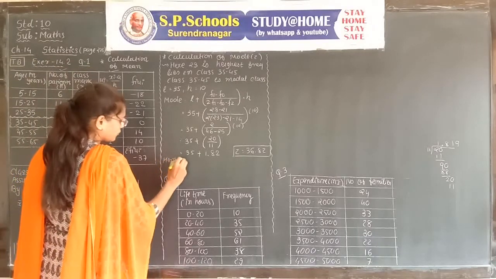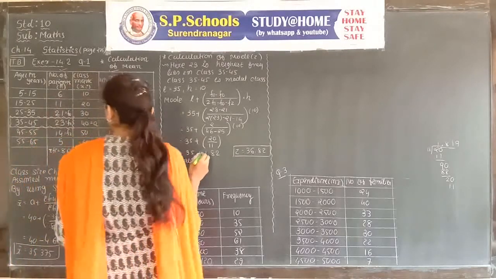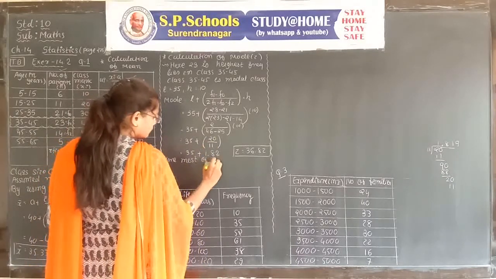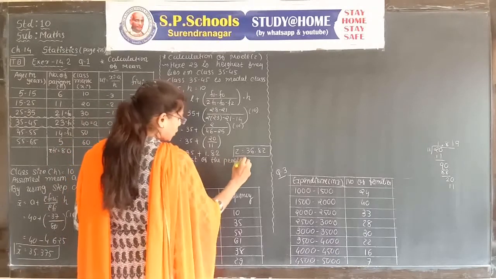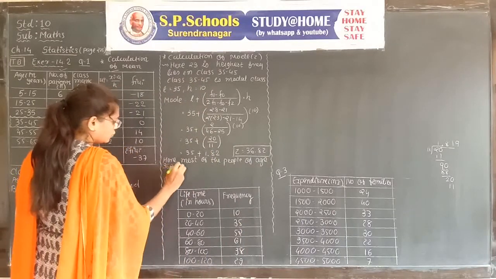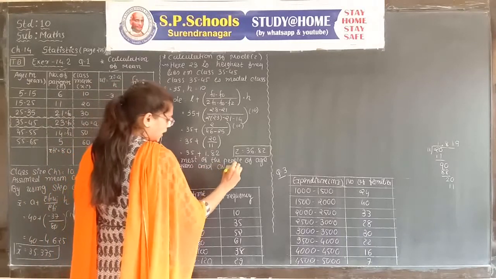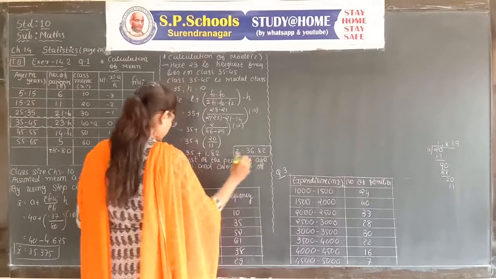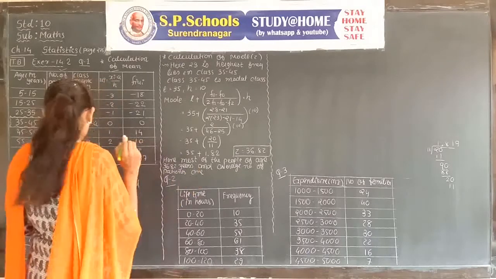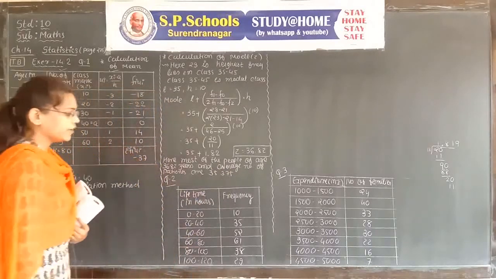Here, most of the people are of age 36.82 years, and the average number of patients is 35.375 is our answer. 35.375.